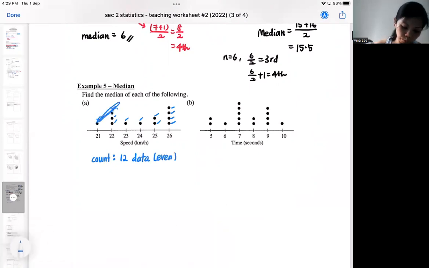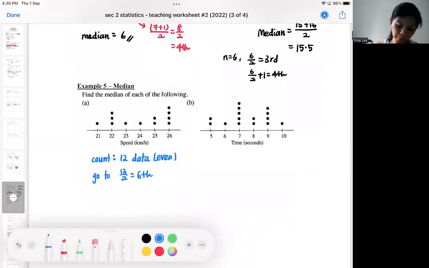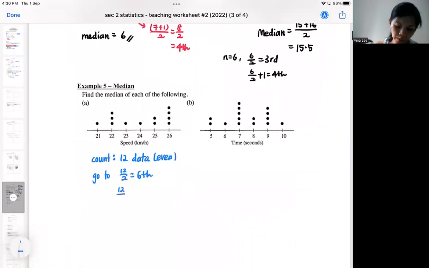So who do you go to? Who are the middle two? With even data, there are two middle values. You will go to 12 over 2, which is the 6th data. 12 over 2 plus 1 will be the 7th data. So you count first, second, third, fourth, fifth.